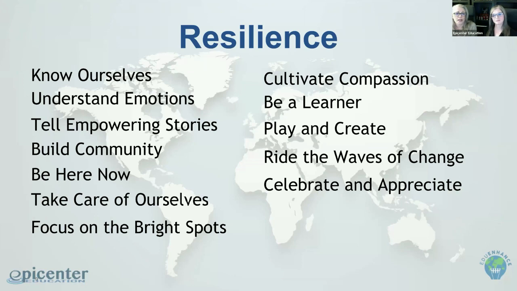Next is riding the waves of change, and this may be in storytelling, in taking a look at different characters and how they react to different situations, or how they react to change, in order to show students that we all experience change, and it is in our response to it where we really find ourselves and we head in that direction.